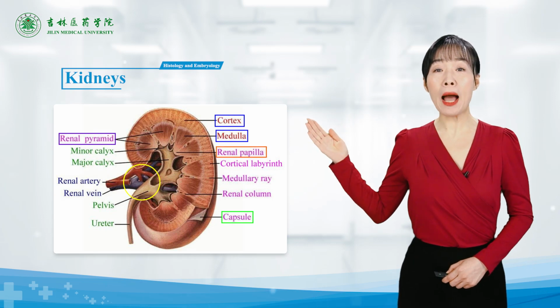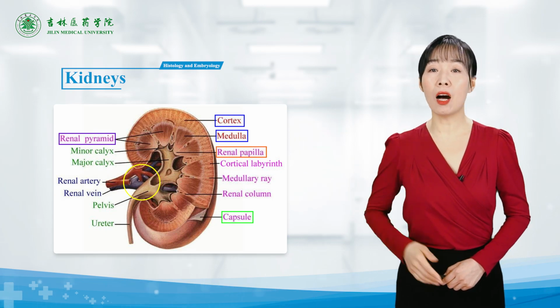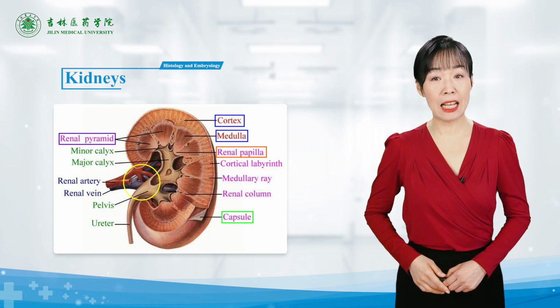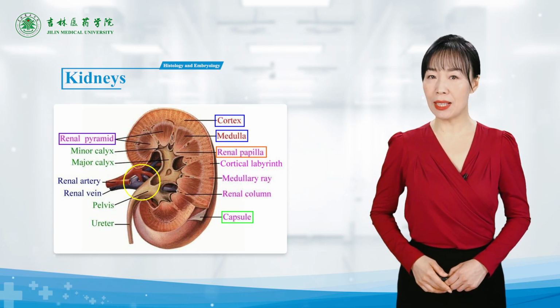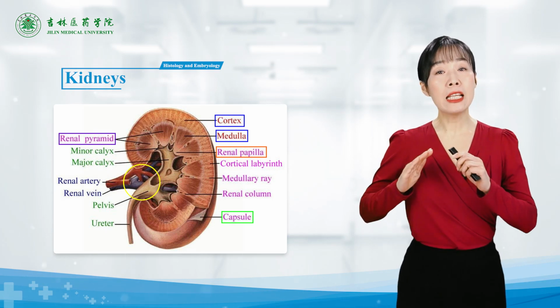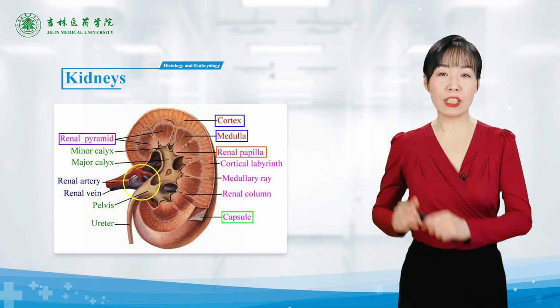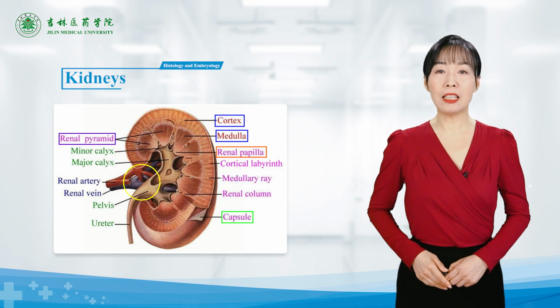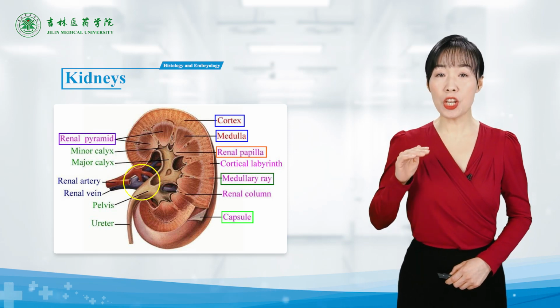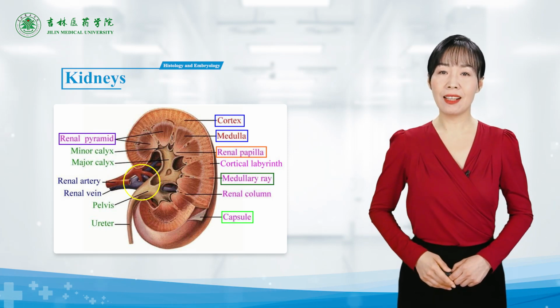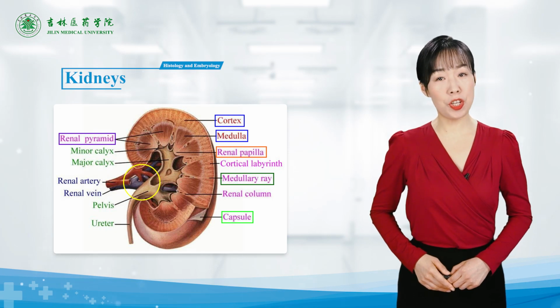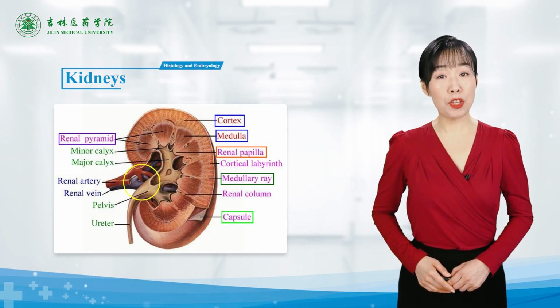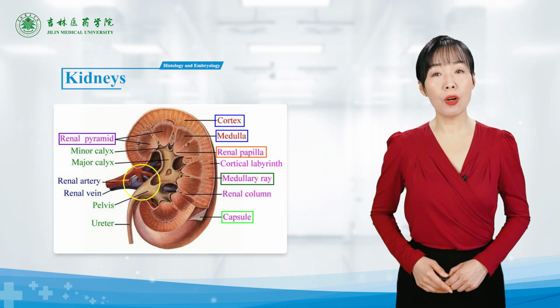The renal papillae point towards the renal pelvis, and the base of renal pyramids forms the interface with the cortex. From the base of renal pyramid, the medullary rays penetrate the cortex. Granular cortical tissue between the medullary rays is termed the cortical labyrinth.